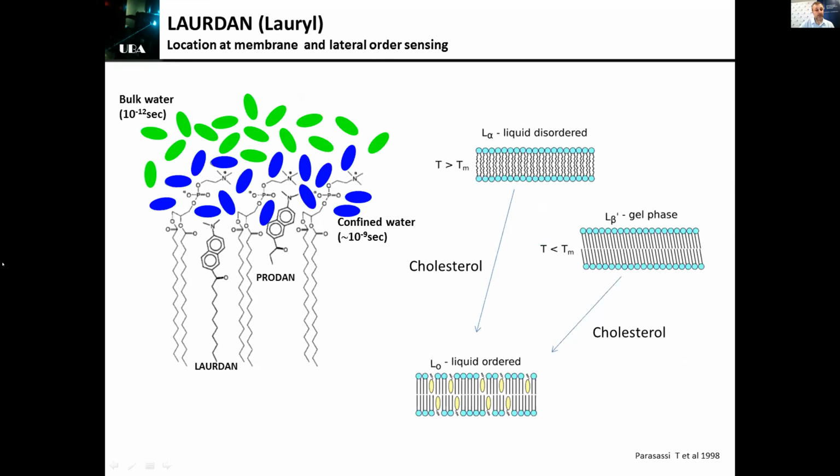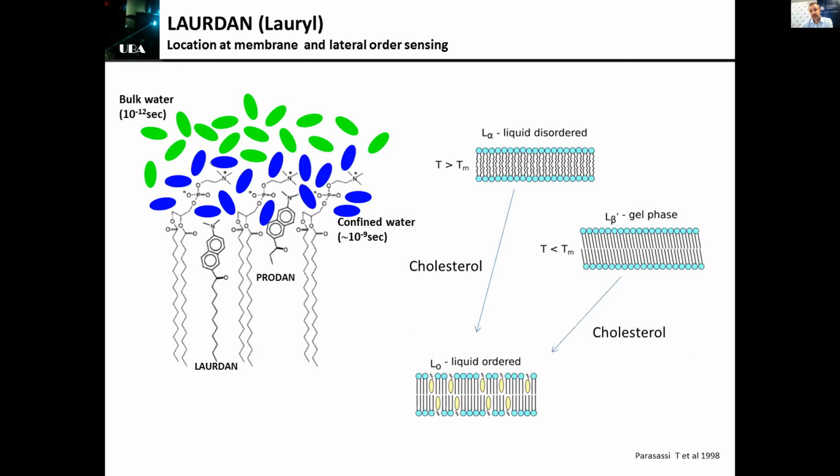And it's not possible to say that you have a similar probe to Laurdan just because you have the same chromophore, without taking into account that the location of Laurdan is due to the fluorophore, but also the lauroyl group. And this is important because otherwise you will be sensing different things.